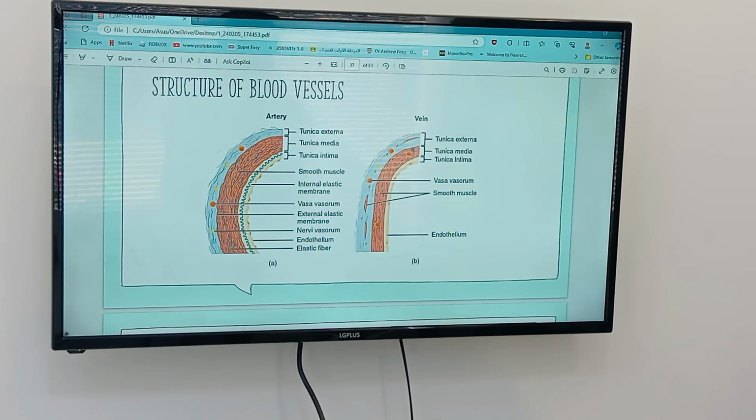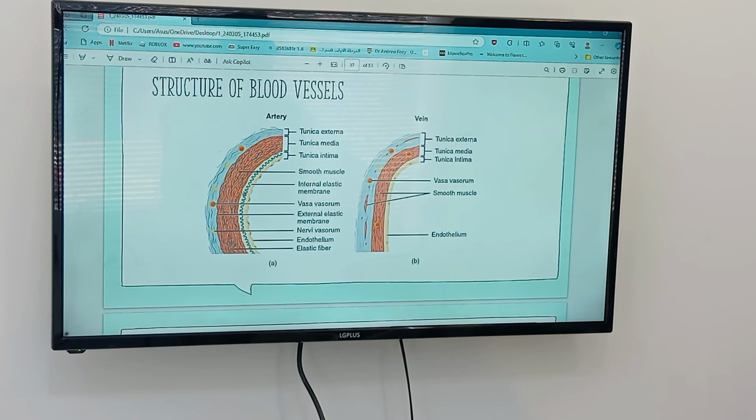Here, look, the tunica externa in the vein is thicker than in the artery. We will talk about the function of that because of the function of the artery and the function of the vein. While the tunica media is much thicker in the artery than in the vein.